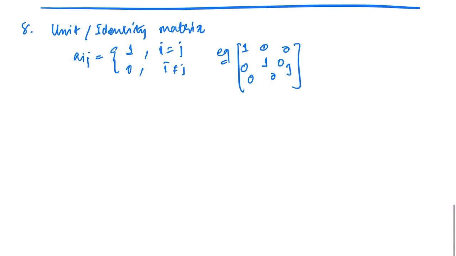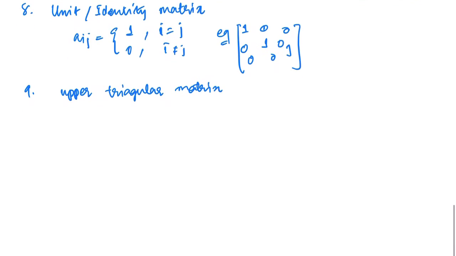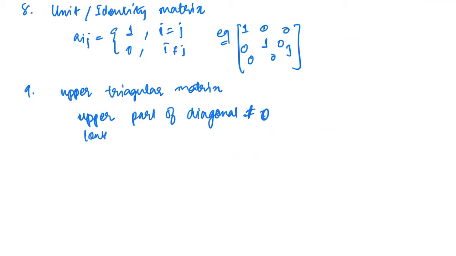Moving on to the 9th, the upper triangular matrix. What is an upper triangular matrix? The upper part of the diagonal is not equal to 0, and the lower part of the diagonal is equal to 0.